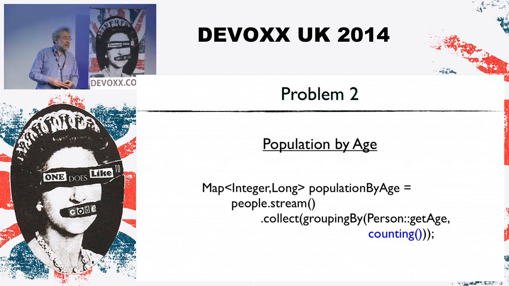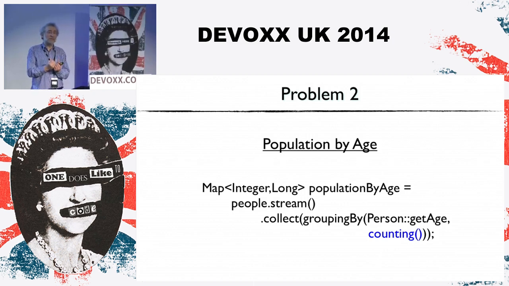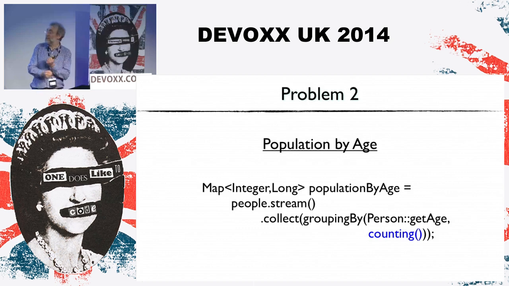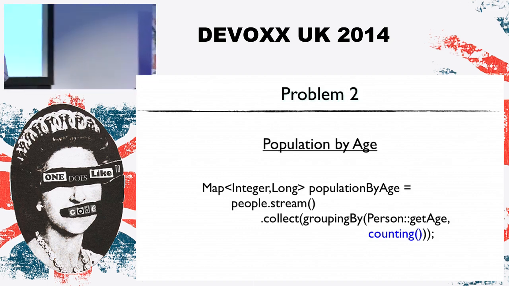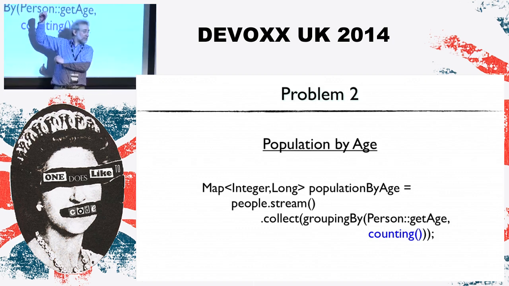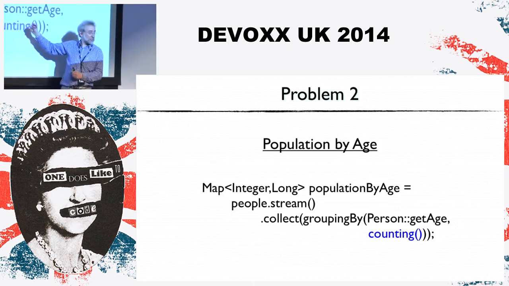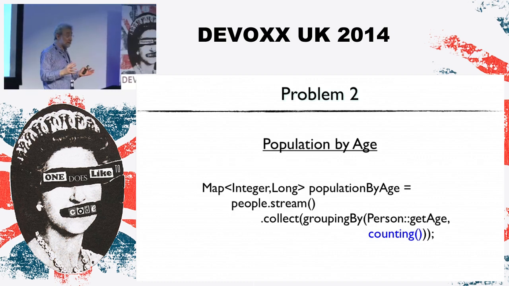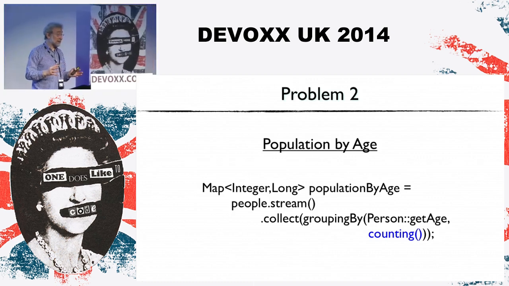So when I break this problem down, I see I'm going to need some kind of intermediate data structure which is going to have all the people of the same age in there. That's going to be the thing in the middle. I'm starting off with people of all kinds of ages. In the middle I'm going to have separated them out into the different ages and clumped them together. And then the last stage is going to be to get a count of those. Now, that separating out does suggest grouping by.